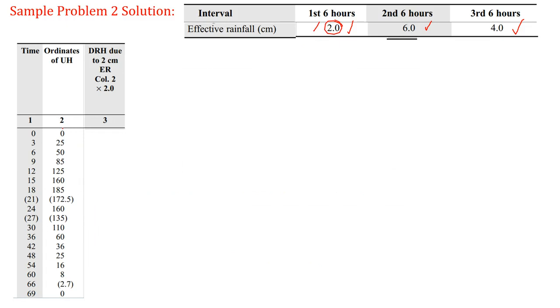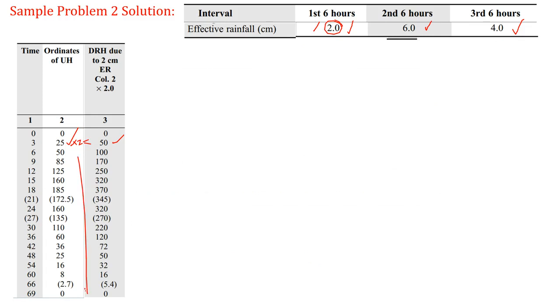Hindi yung rainfall, hindi yung loss, kundi yung runoff. So, 2.0, multiply lang natin dito sa 25, or sa values ng ordinates ng unit hydrograph. So, yung 25 times 2, naging 50, and so on. Times 2. So, yan na yung rules pababa. So, you now have the hydrograph after a 2 centimeter value of effective rainfall for the first 6 hours. Okay?